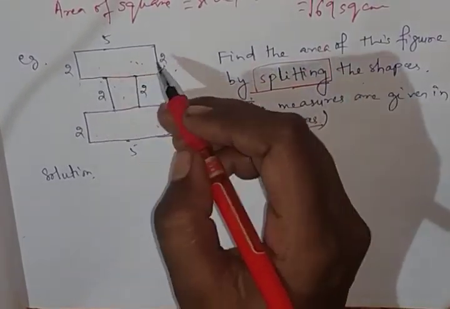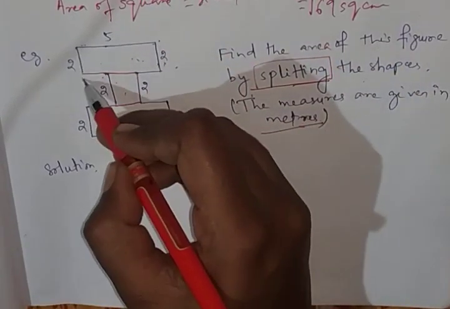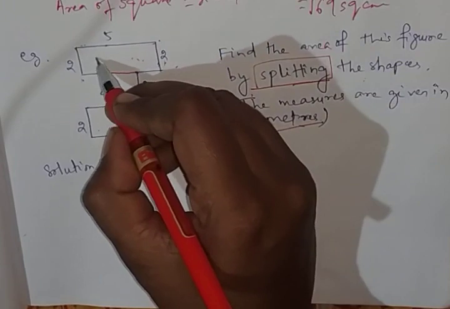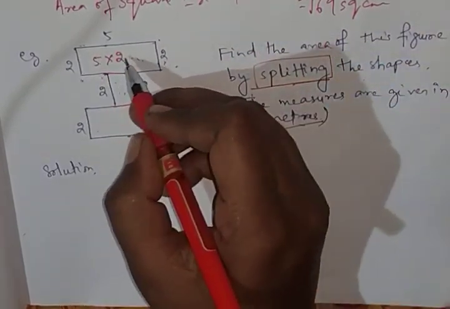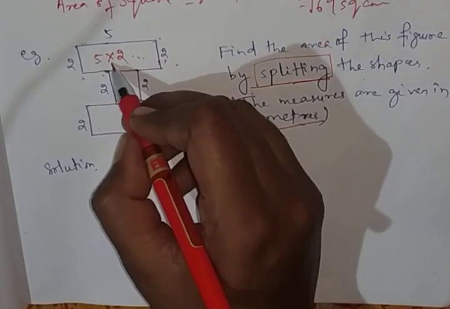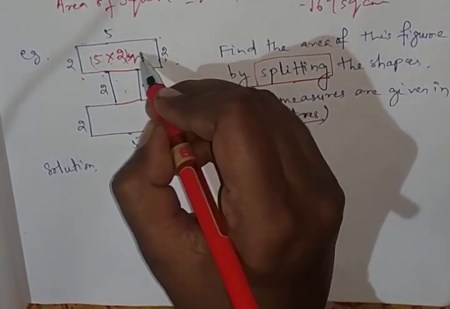So look here. Here length is 5 meter and breadth is 2 meter. So area is how much? 5 into 2, because area is length into breadth, square meter.